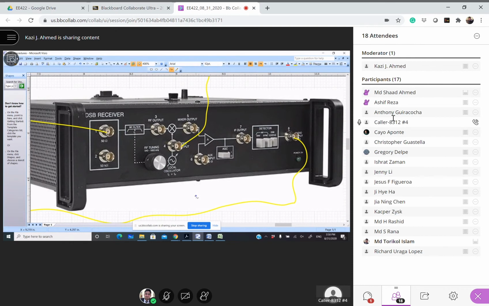So what it means is whenever you rotate this knob, you are tuning the local oscillator. When the frequency of the local oscillator becomes 1455, you start to receive the AM signal that is coming to it. When it is higher or lower, you are not getting this signal anymore.